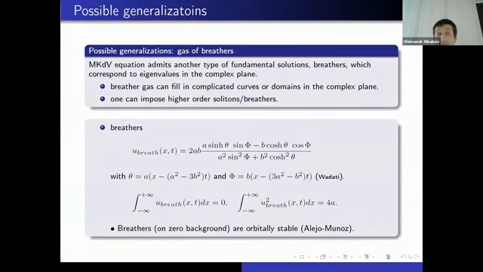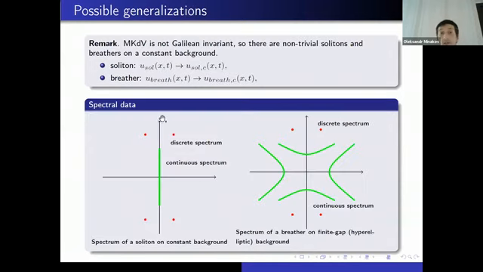First of all, as I said, this MKDV has solitons, it has elliptic waves, but also it has some breather solutions, which correspond to points of the discrete spectrum outside of the imaginary axis. Then also the MKDV equation might have solitons and breathers of higher multiplicity.